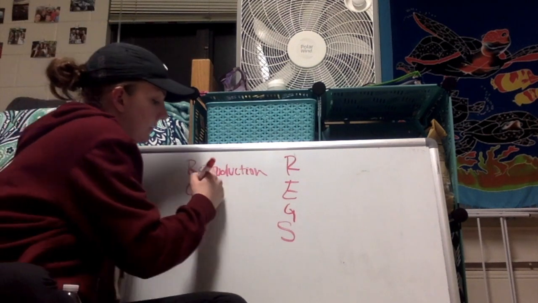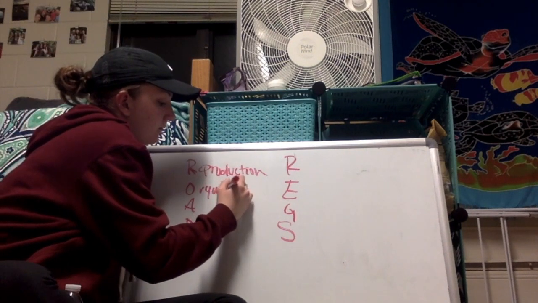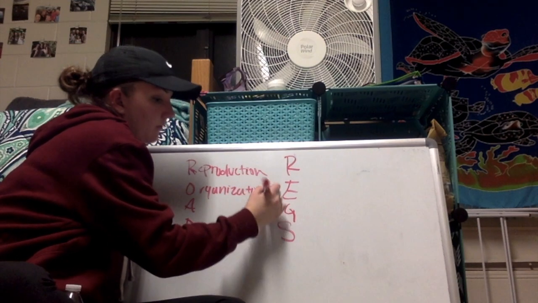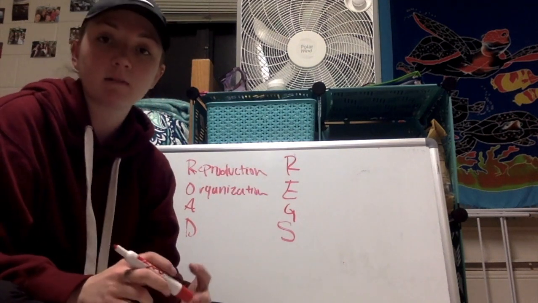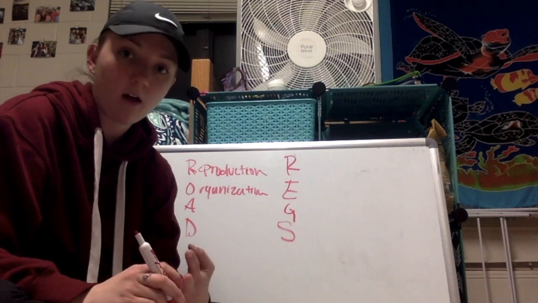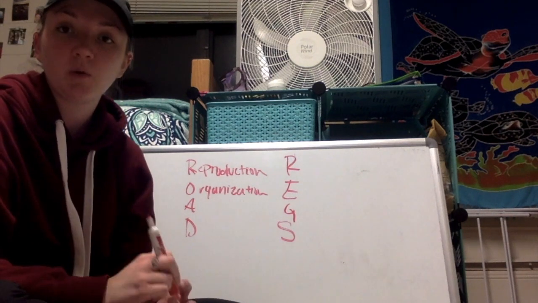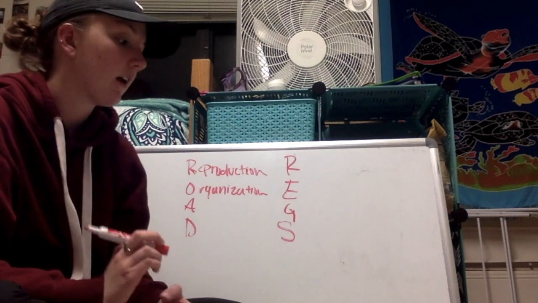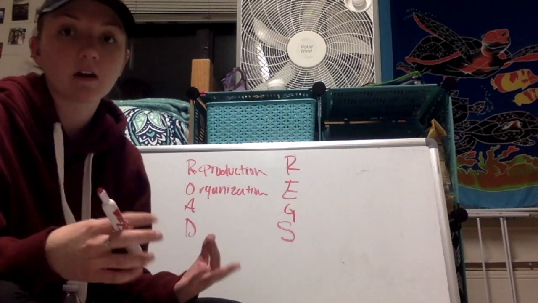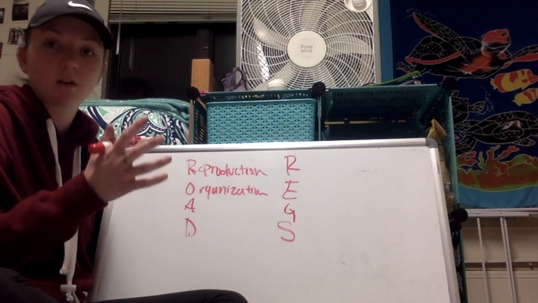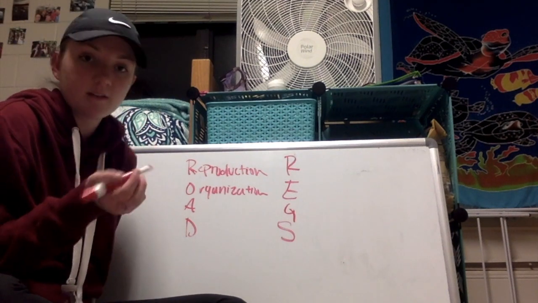And then next is organization. And that goes from atom to molecule to macromolecule to cell, tissue, organ, an organ system, and then the organism itself.